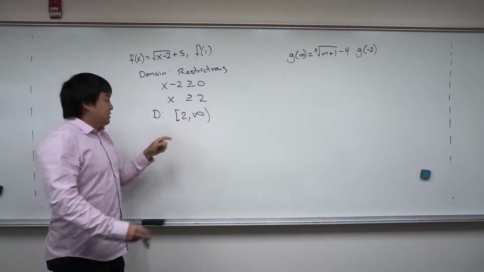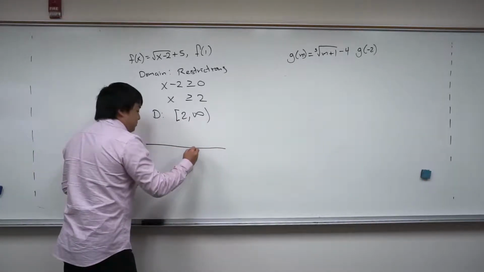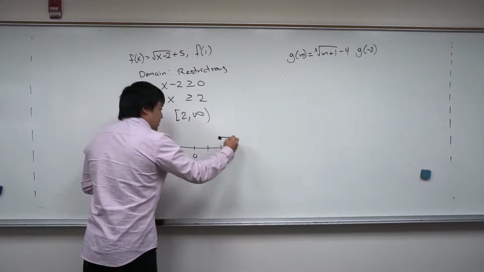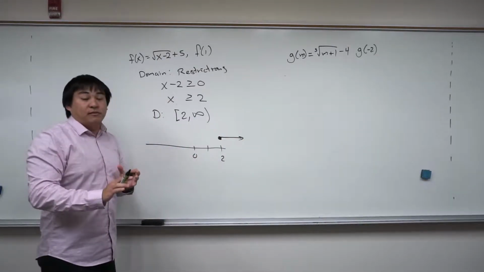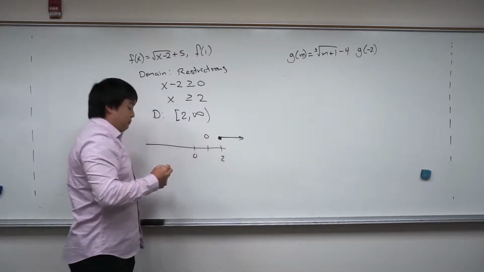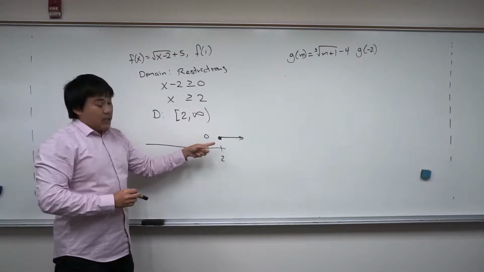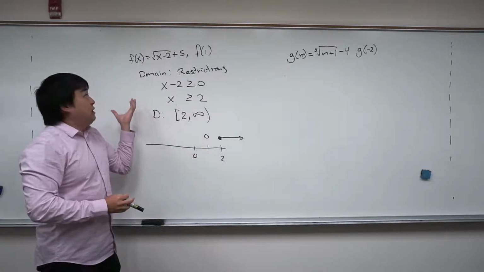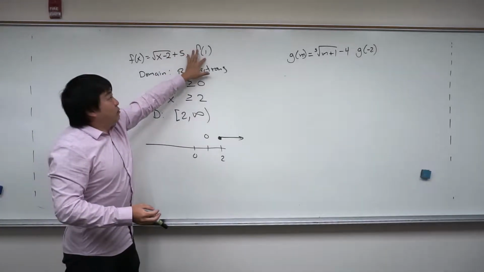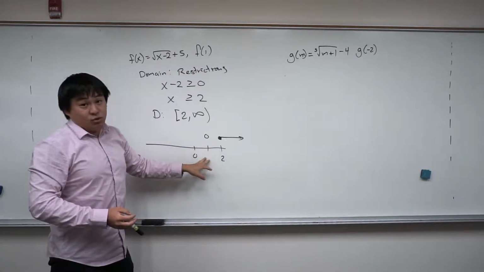Well, if we draw it out, our domain is like that, right? It's to the right of 2. This point over here is right there. So this does not lie in our domain. So we can't even solve it. It's done. This is not possible. So this point, the 1, does not lie in the domain.